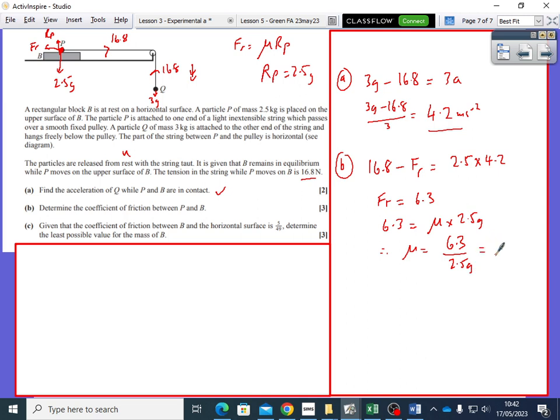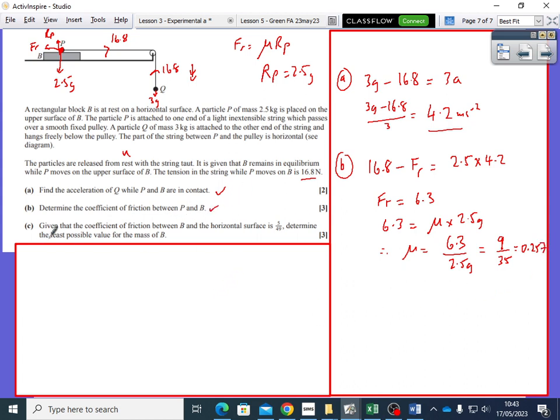Do that on your calculator, divided by brackets 2.5 times 9.8. So you put brackets around it, and that will give you 9 over 35. I'll just call it 9 over 35 for now. Okay, if you want to put it as a decimal, just carry on, reduce to at least 3 significant figures, 0.257. Okay, so that one's done.